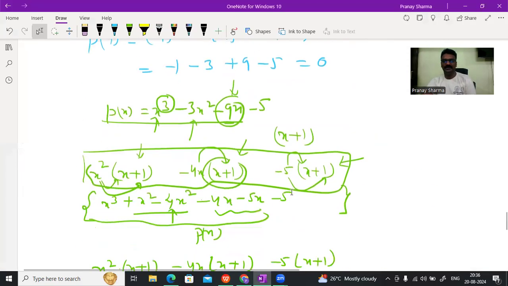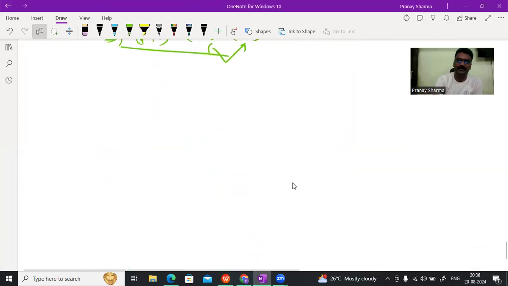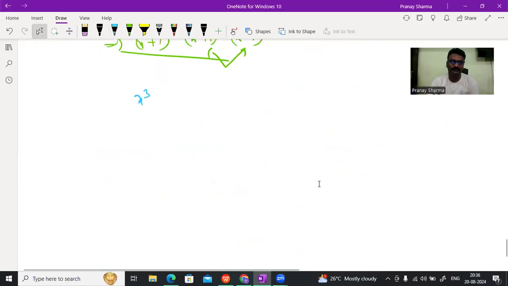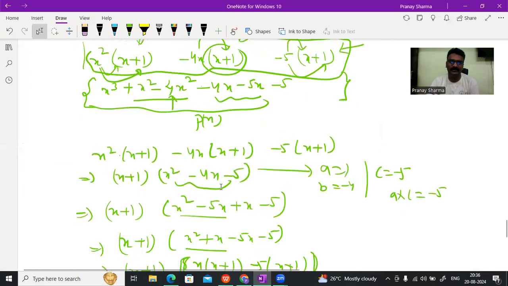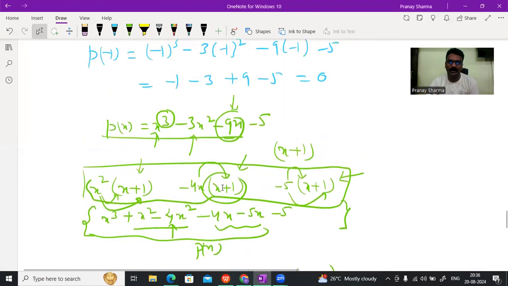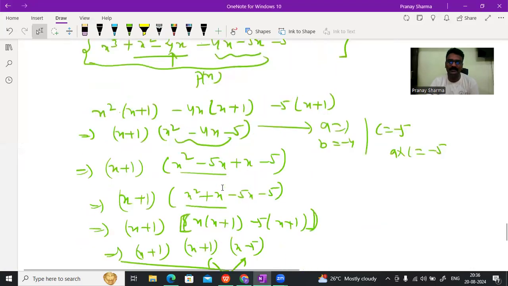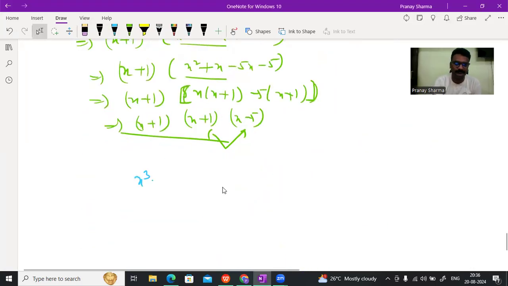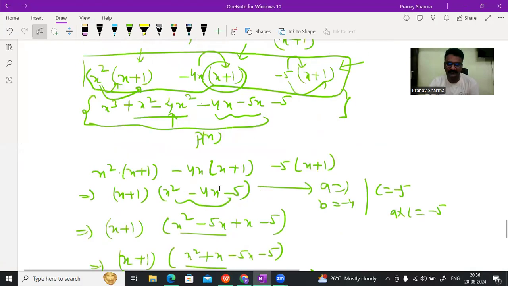x plus 1 is something that we have got. And I told you this is nothing but division. How do we get factors? When we divide them, I'll be changing the marker. I'm rewriting the polynomial: x cube minus 3x square minus 9x minus 5, right?